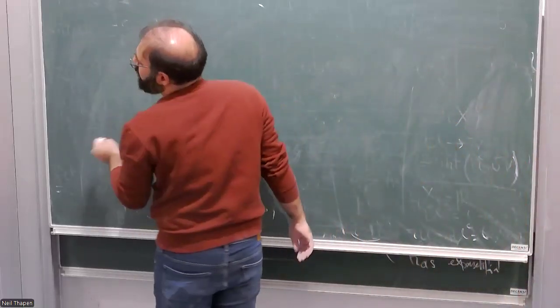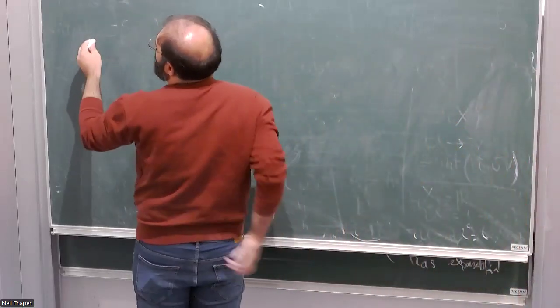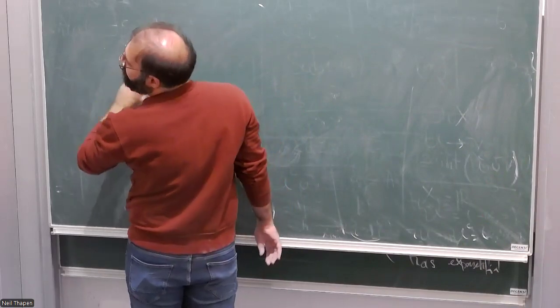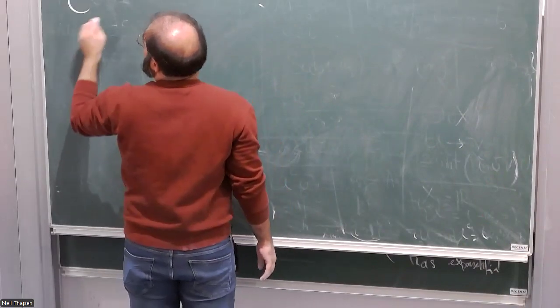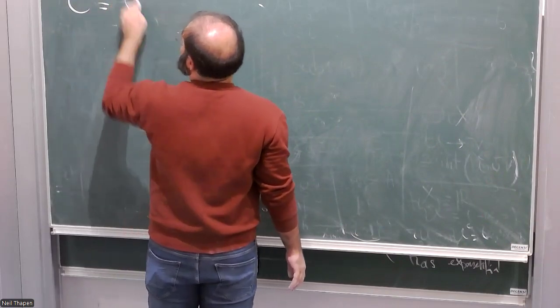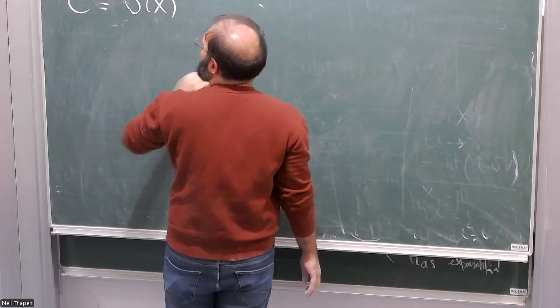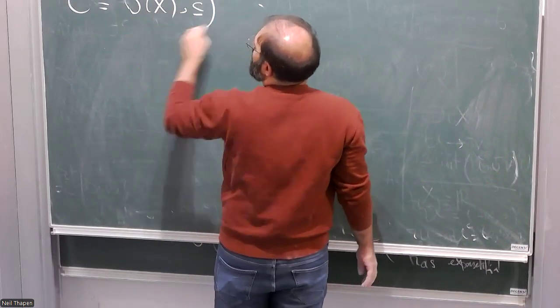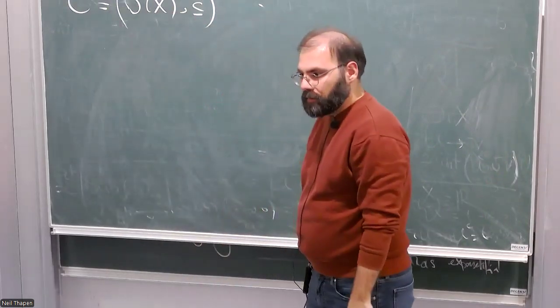One example helps, right? So one good example that people love in geometry is this. They start with some topological space and pick C as the opens of that topological space with this order, right? This is a poset, right?